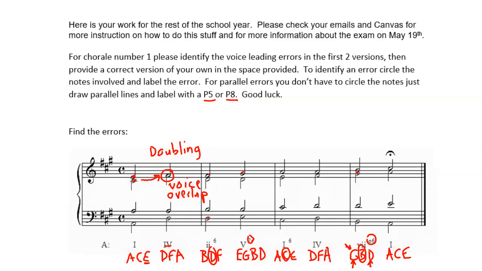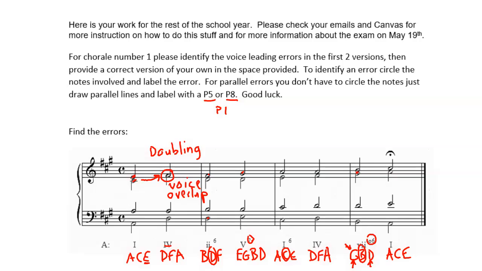The things we have to worry about are parallel fifths, parallel octaves, and actually parallel unisons are also bad. I didn't put that on this instruction sheet, but you don't usually see them. Next chord, I've got stepping up, stepping up, stepping up. So lots of parallel motion going on. Let's check those intervals.